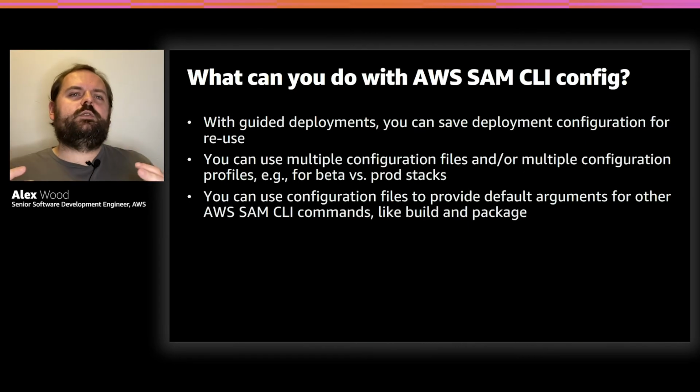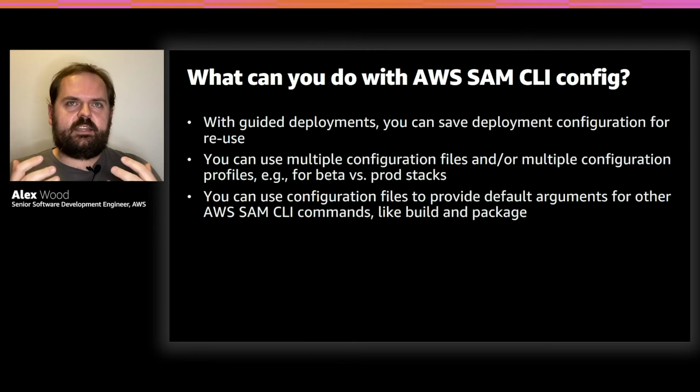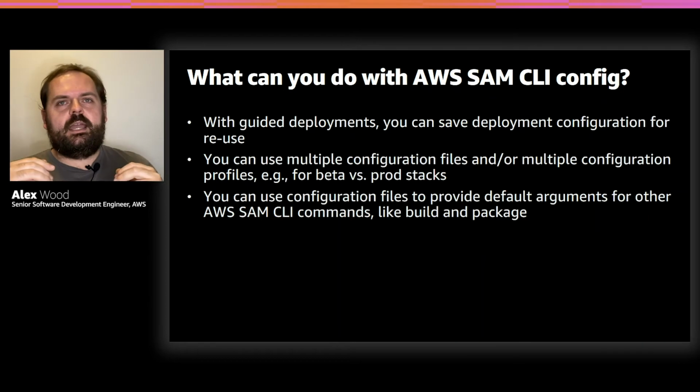So again, what can you do with AWS SAM CLI configuration? The most familiar use case is with guided deployments. You can save that configuration for reuse, and guided deployments do support specifying different files and profiles, so you can use guided to populate each one of those. It allows you to support different configurations for different profiles or use cases.